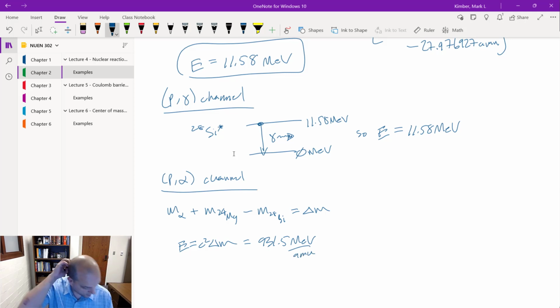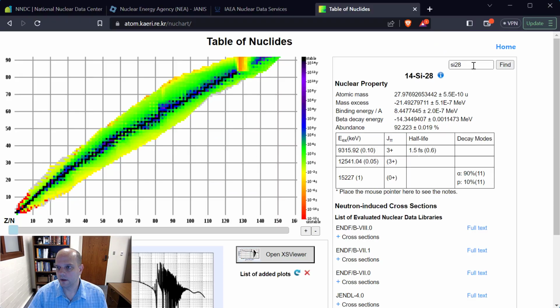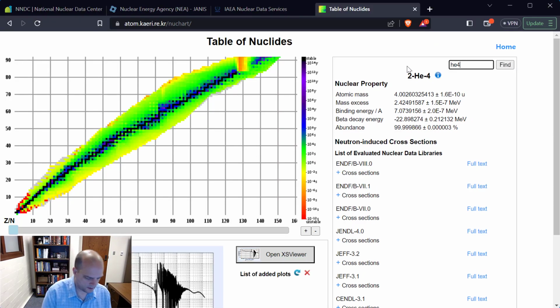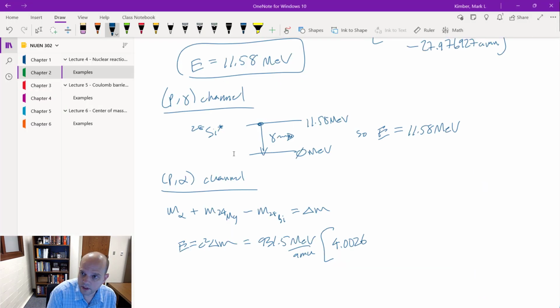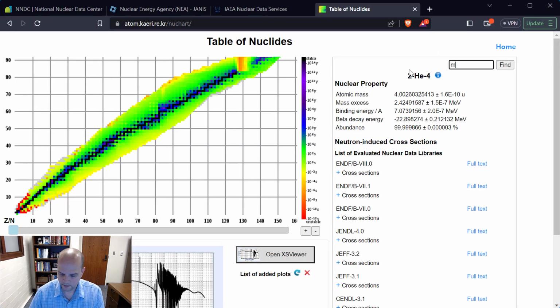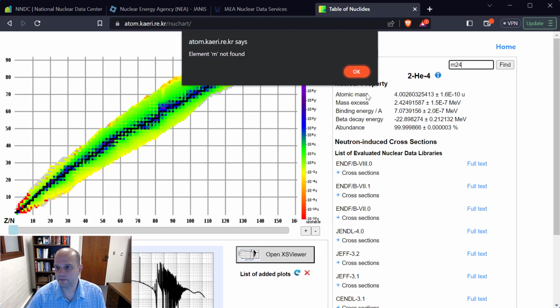931.5. Hopefully we're getting that number memorized by now. And to get my alpha particle, I'm going to type helium-4, and that is 4.002603 AMU, plus my magnesium-24, come back here, magnesium-24, whoops.